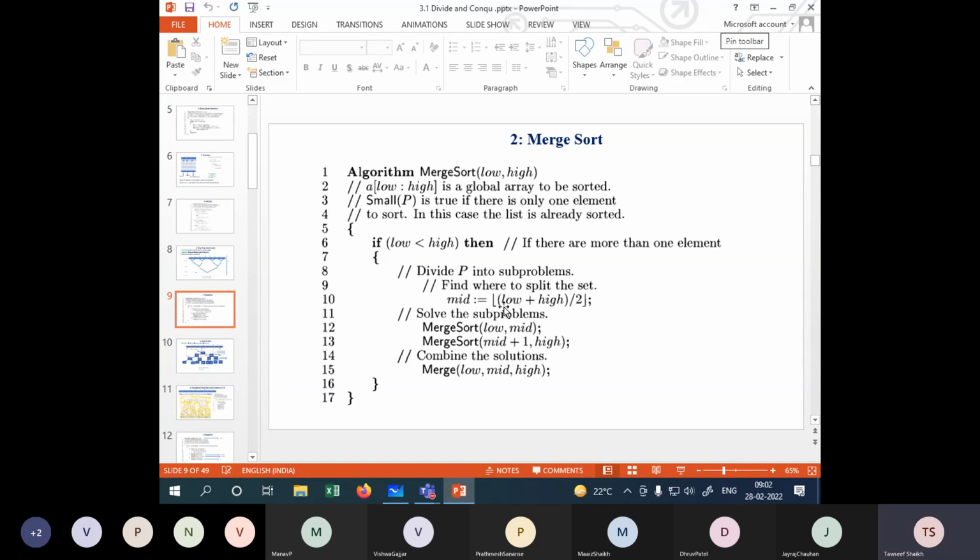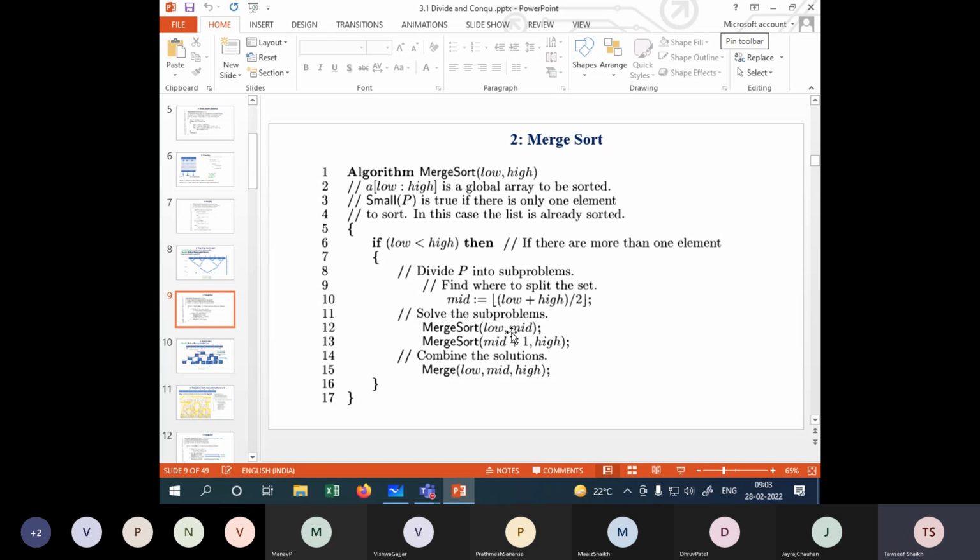But the thing which we change is the parameters which we pass to this function. That is, we call the merge sort again, now with parameters low to mid. That is, from the first element to the mid, mid will become the partitioning, and again do the merge sort from mid plus 1 to high.